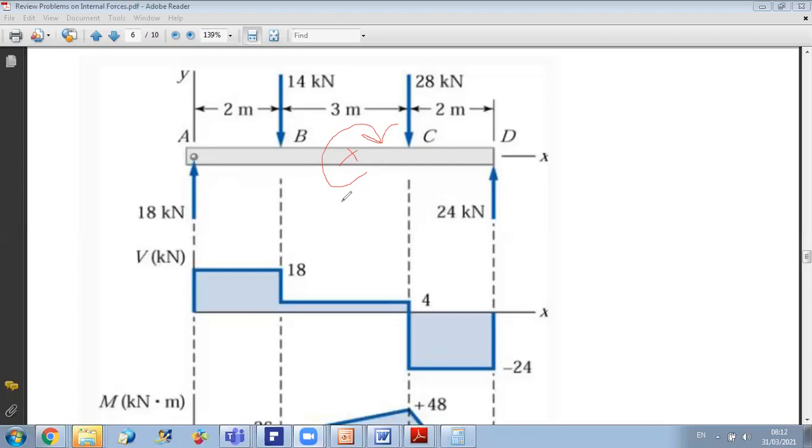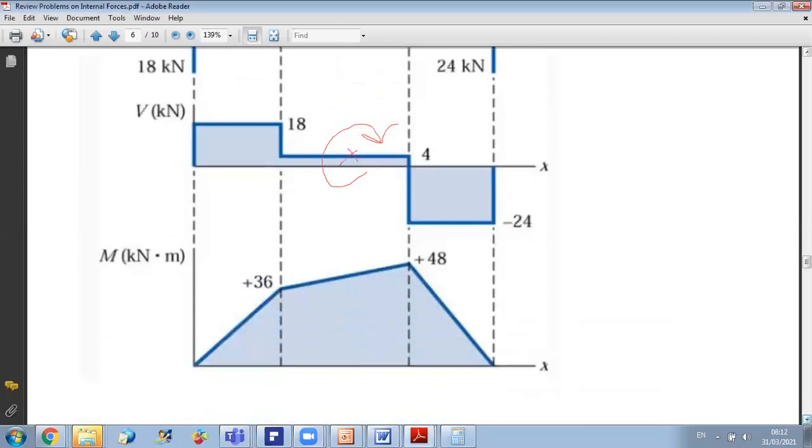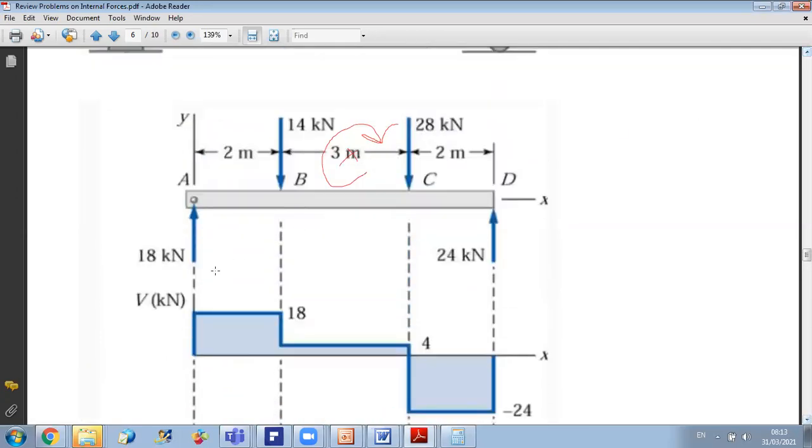Now here we don't have any couple, so no jump in moment. And at the beginning of the beam, we don't have a couple, we don't have a fixity, so we start from zero. Because if I have a fixity, I will have a reaction moment here, and the reaction moment will cause a jump in moment.